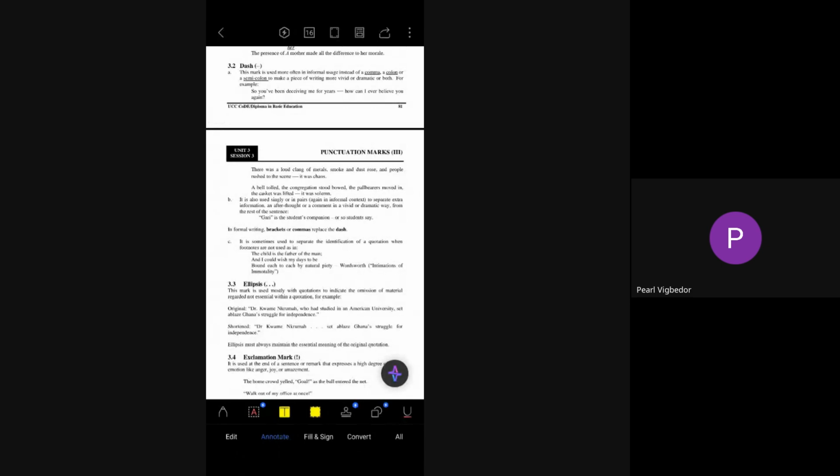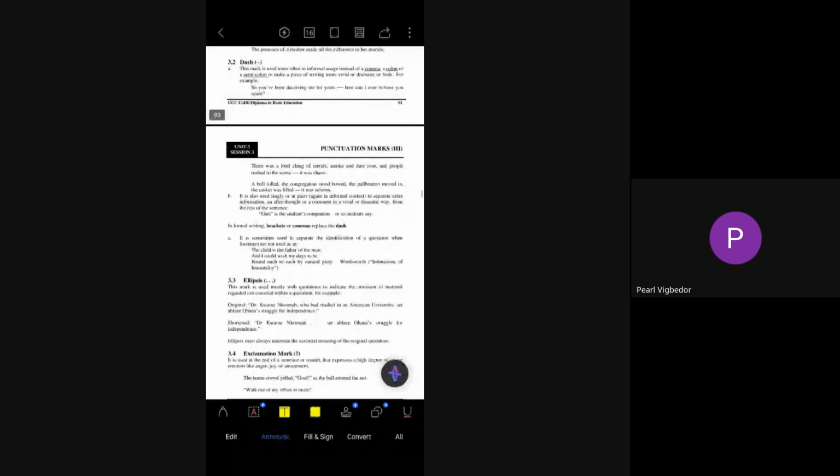So the dash, as you said, is long when you are writing it. Its usage is mostly in the informal context. Whenever you are writing something and you bring the dash, it mostly appears in the informal context. The dash can be used instead of the comma, the semicolon, or the colon.